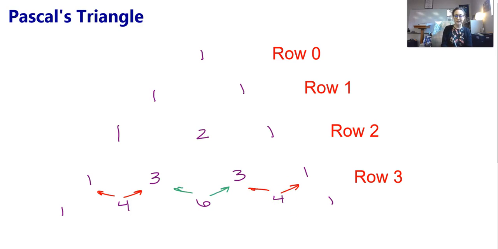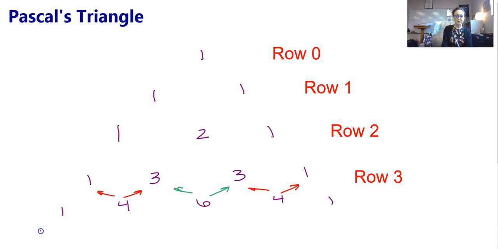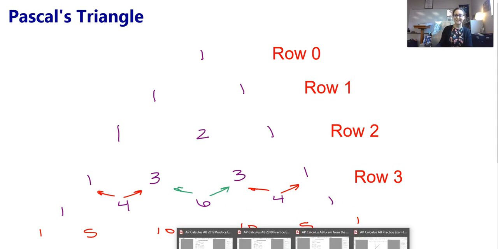Okay, let's try to write the next row. So I've got a 1 on the outside always, and then I'm going to add these two together. So 1 plus 4 is 5, 4 plus 6 is 10, 6 plus 4 is 10, 4 plus 1 is 5, and then a 1 on the outside.